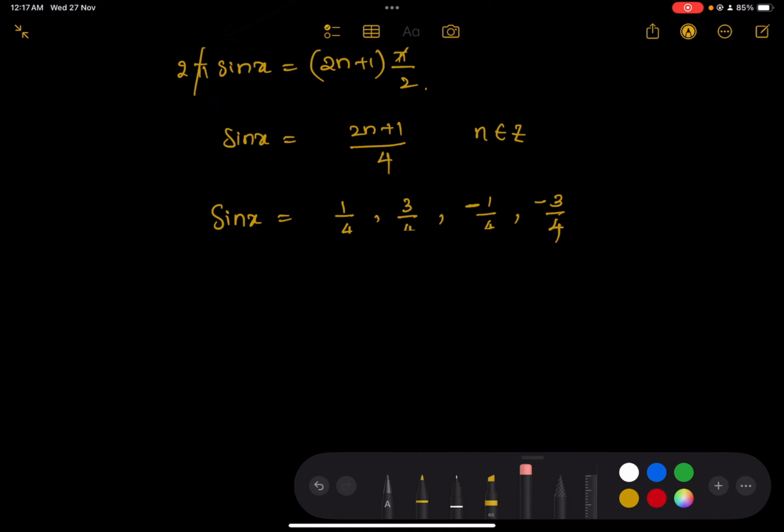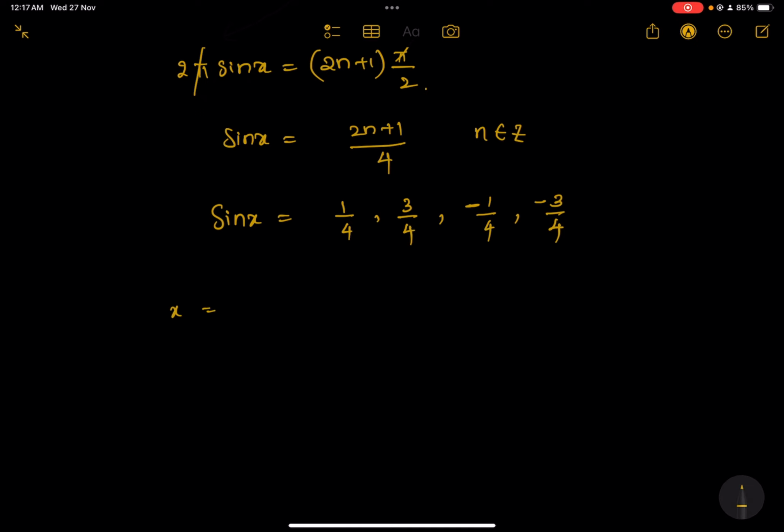So the general solution will be x equal to nπ plus or minus sine inverse 1/4 and nπ plus or minus sine inverse 3/4.